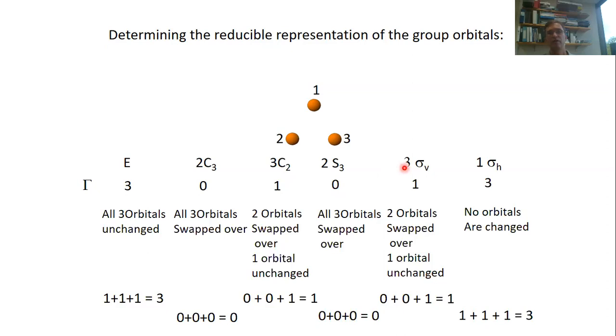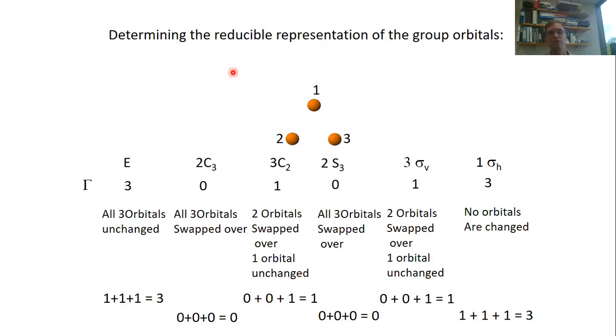All right, then we have three sigma v mirror planes to consider. They contain the BH bond axes. One stands here, one stands here, and the third one stands here.